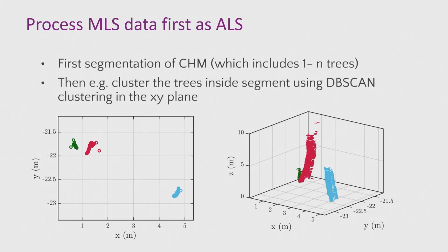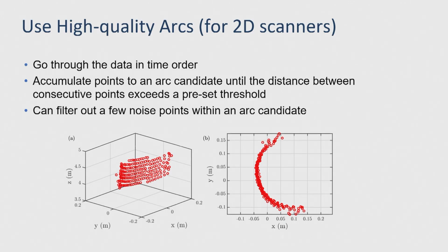The third thing we started to do is, because segmentation doesn't provide you the final results, we divided the segmented data with clustering and found if there are 2 or 3 trees in the same segment. And there are enough points in this mobile laser scanning and TLS for that. And the fourth thing: when we work with the backpack, we are also always using 2D data. Of course 3D data, or these multi-beam scanners, are nice.